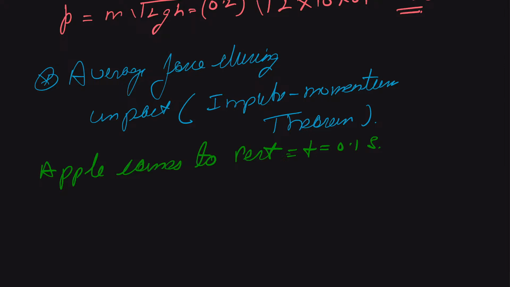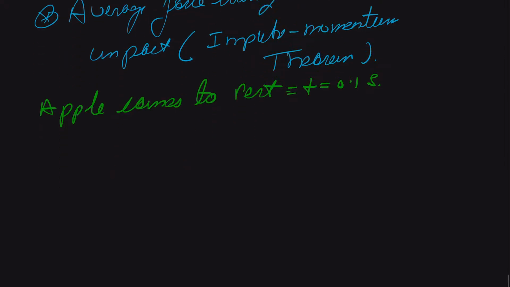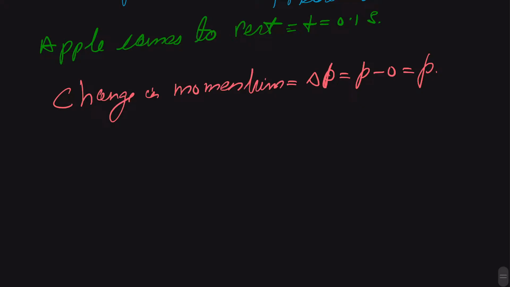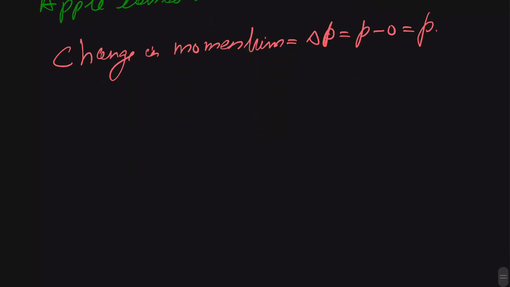And so we can find the change in momentum, delta P, which will be equal to P minus 0, that is P. From the impulse momentum theorem, the average force multiplied by time t is nothing but the change of momentum.